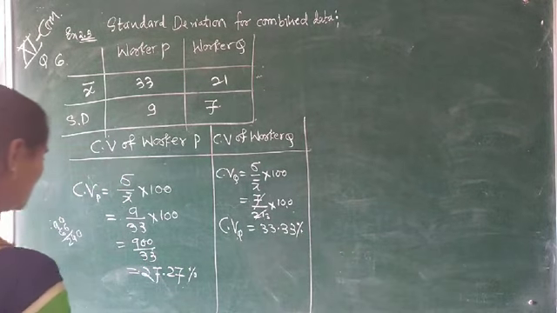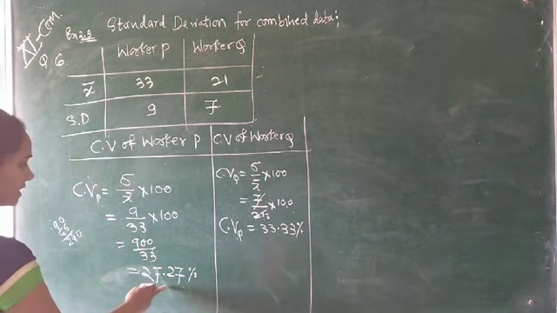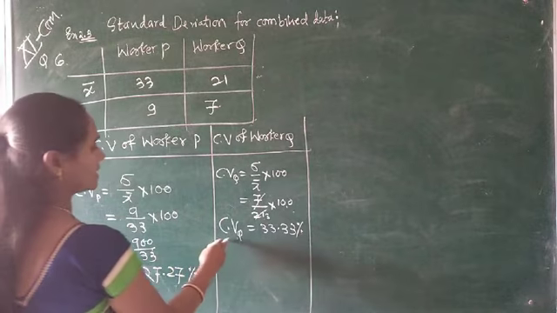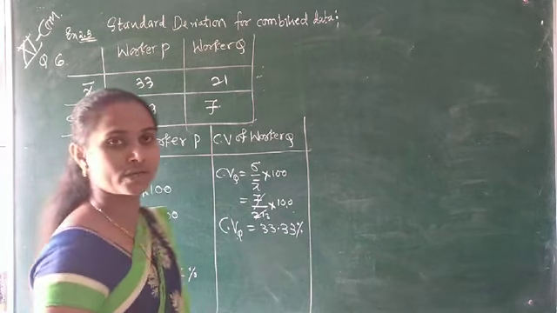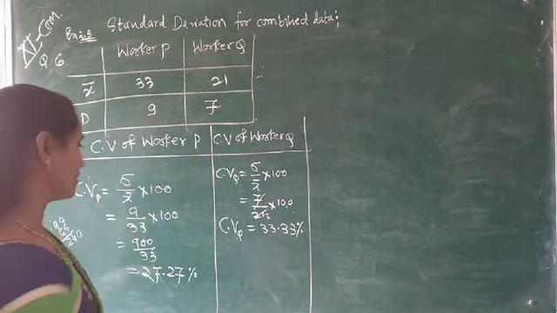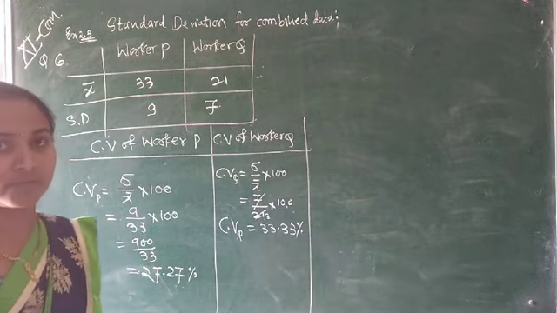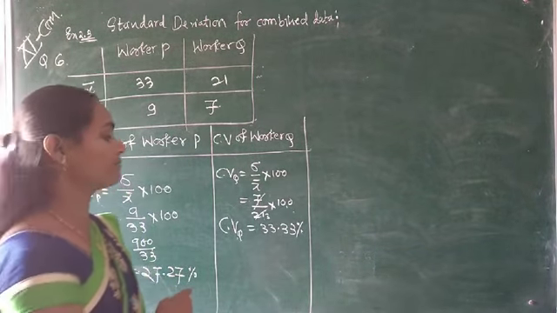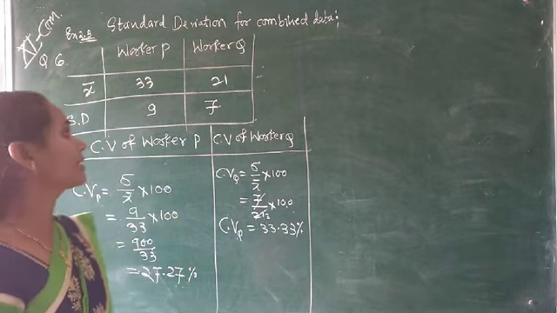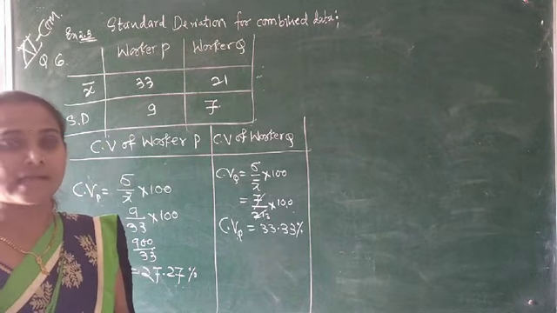Now CV of worker P is 27.27% and CV of worker Q is 33.33%. So which CV is small? CV of worker P is smaller than the CV of worker Q. Therefore, worker P is more consistent than worker Q.